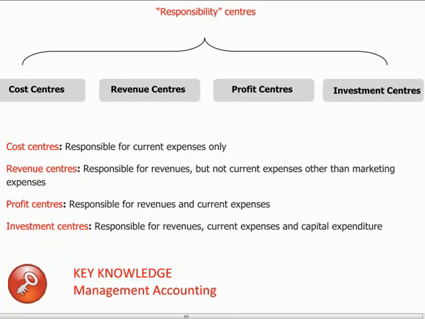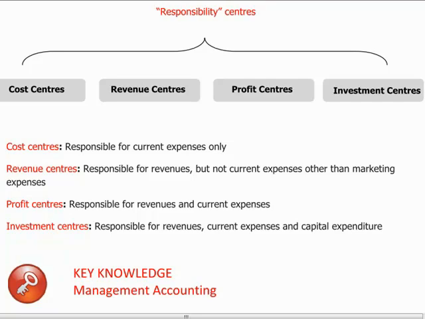Responsibility centers can be broken down into 4 basic categories. Think of any business organization and look at it in terms of cost centers, revenue centers, profit and investment centers. Let's just run over the definitions of each of these centers and then come back to the notion of responsibility.